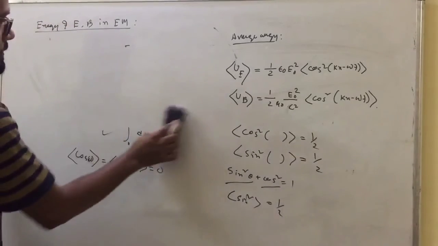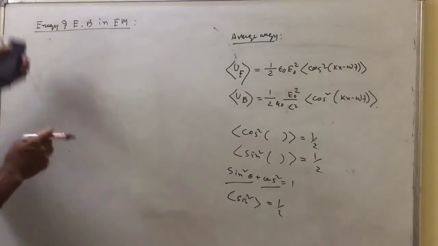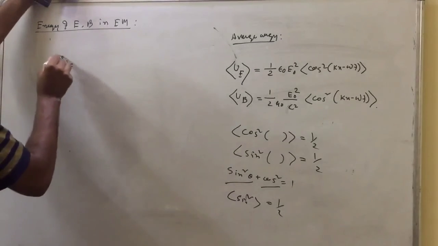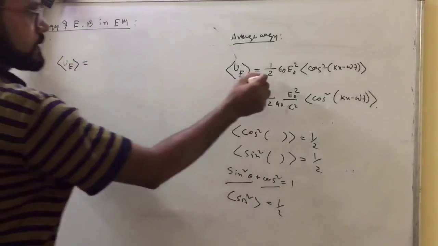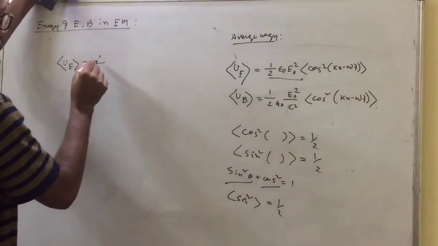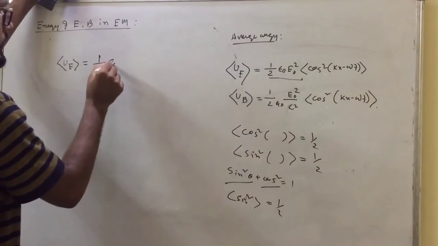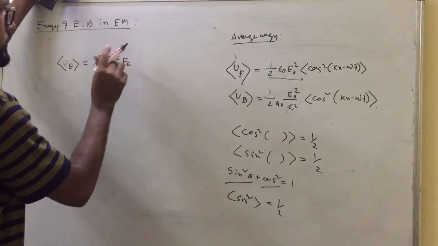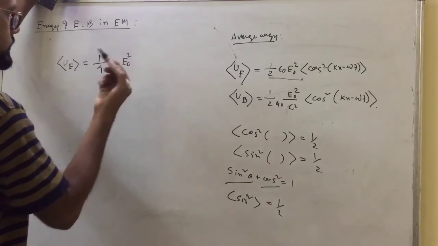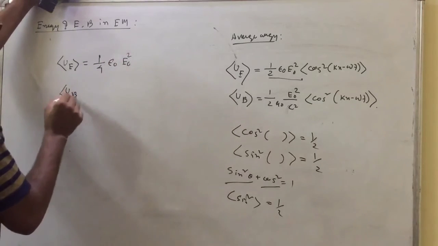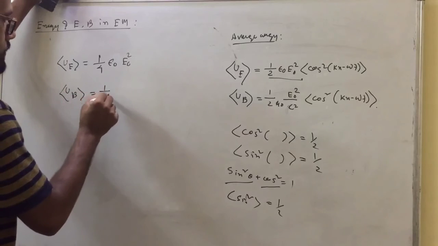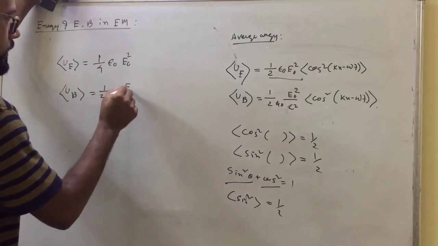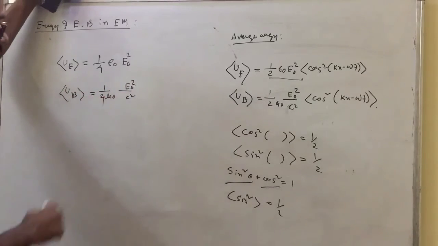So using that average value, the average electric energy is equal to half, 1 by 4 epsilon naught E naught square. The average magnetic energy is equal to 1 by mu naught E naught square c square, this is 4.